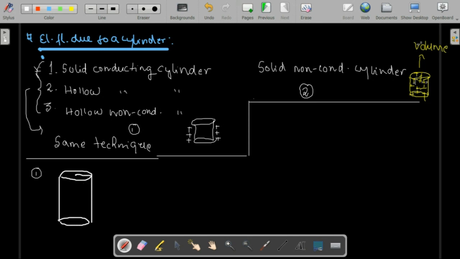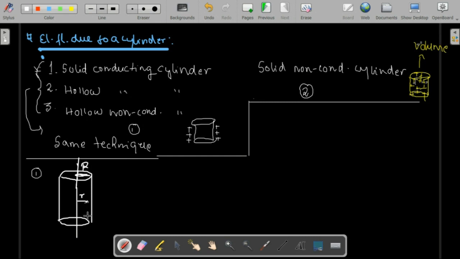Let's say the radius is capital R. Let me bisect this cylinder like this. We want to find the electric field at a point inside the cylinder, maybe here. Let's say this distance is small r.